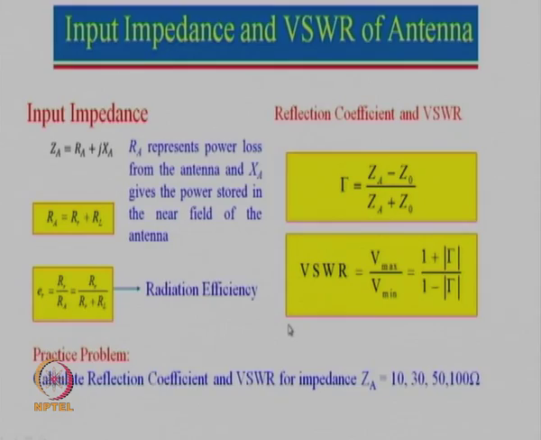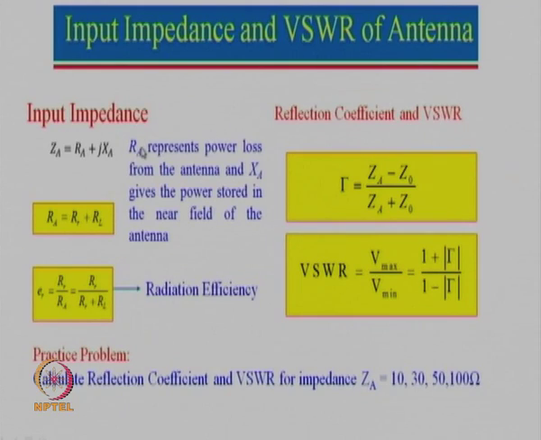Now, let us look at the general input impedance and VSWR of the antenna. Input impedance of an antenna can be a complex quantity which has a real component and an imaginary component. The real component may consist of the radiation resistance plus the losses associated with the antenna.